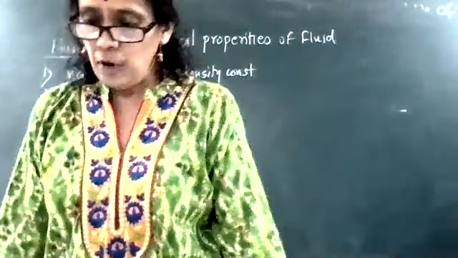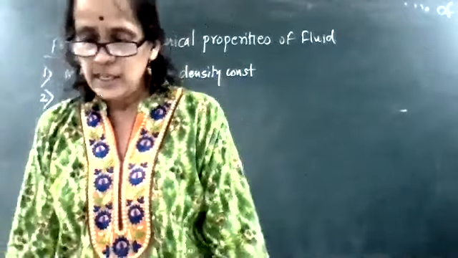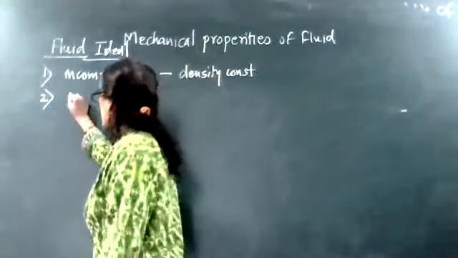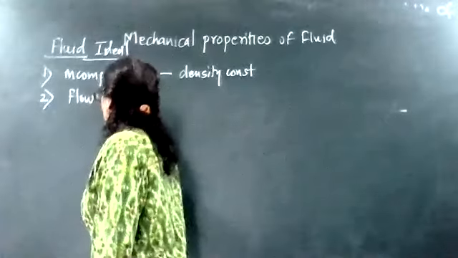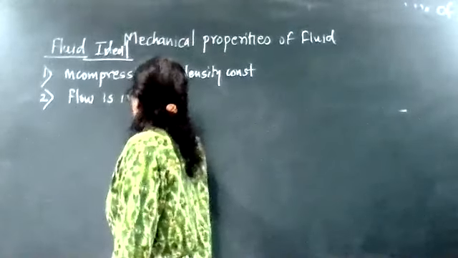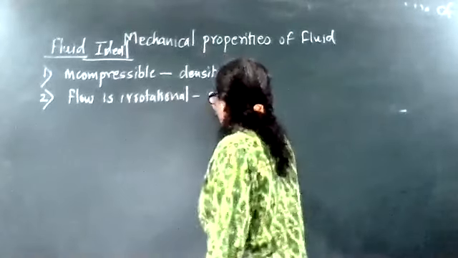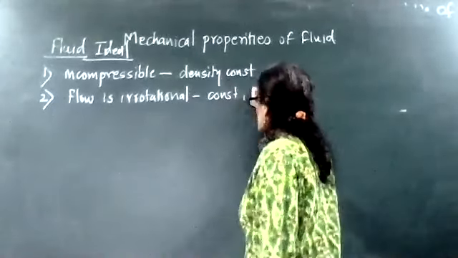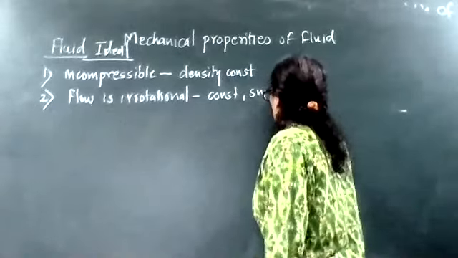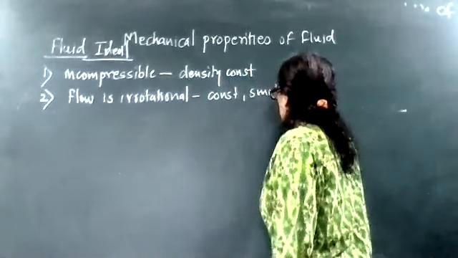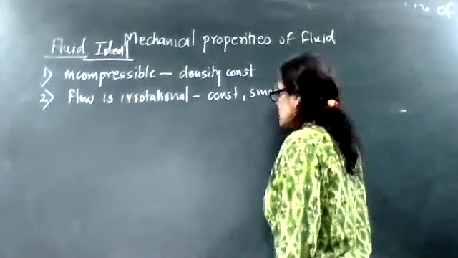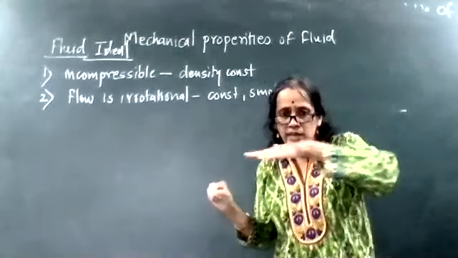Then its second property. The second property is that its flow is irrotational. Its flow is irrotational means what? Its flow is constant and smooth. Smoothly the fluid can flow.